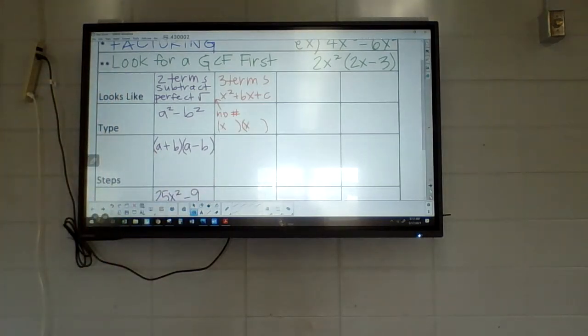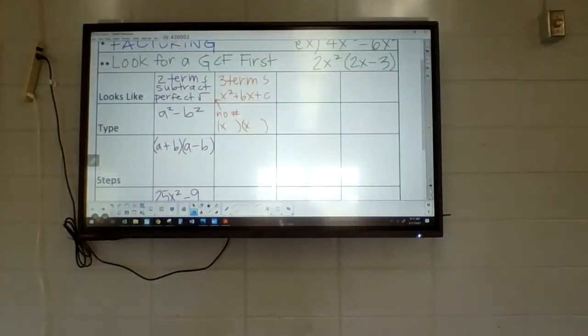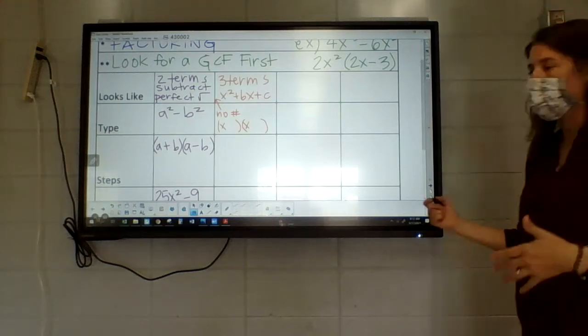So we already know it has to be x times x. We like this kind because we only have to worry about those 2 pieces. We just say it multiplies to c, add to b.